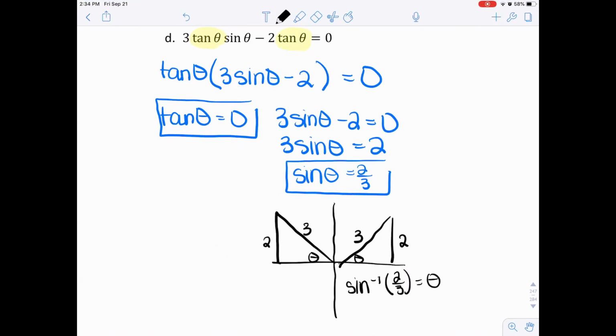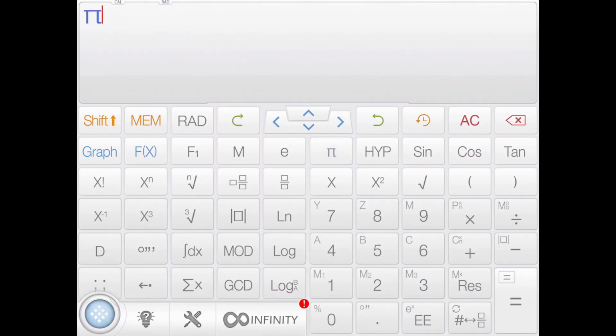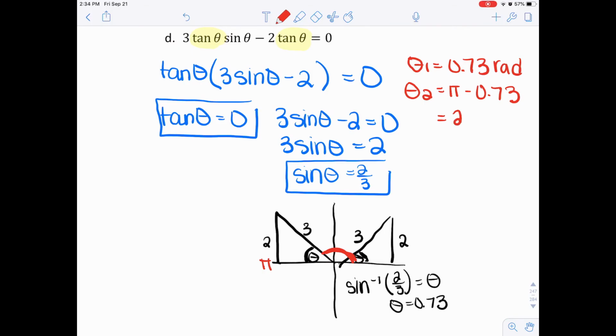The reference angle is approximately 0.73 radians. Therefore, the actual answers are 0.73 radians and 2.41 radians.